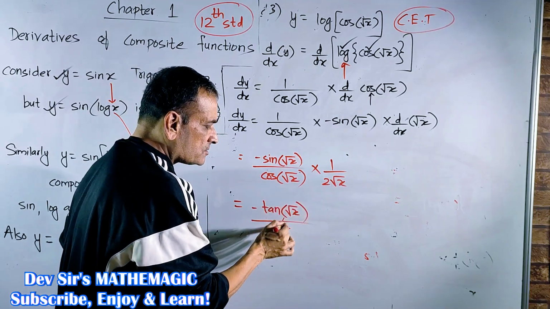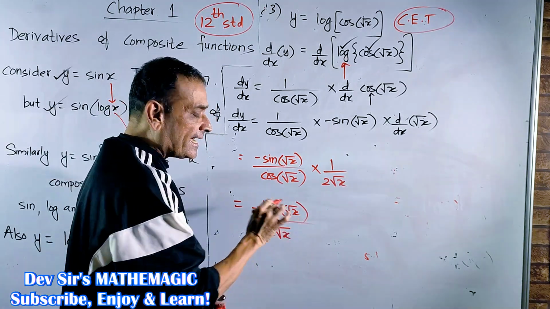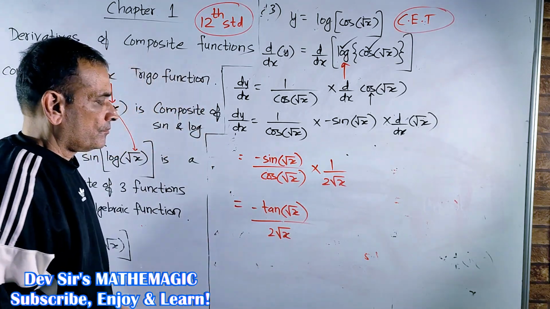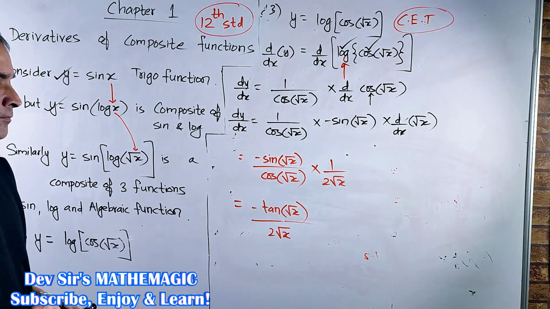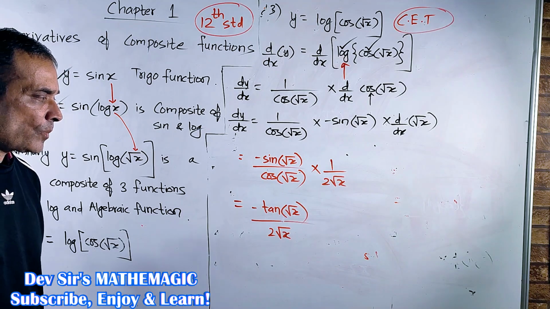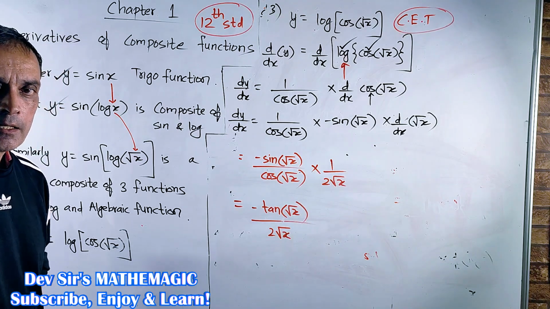You cannot cancel this root x and root x also, although it is 2 into root x, but this is an angle. This option was given for CET.